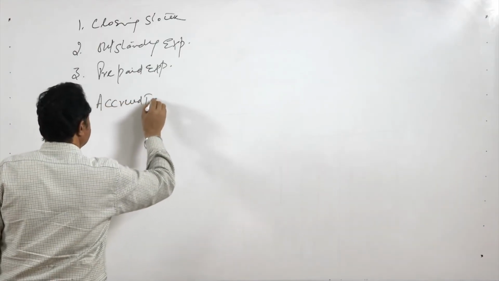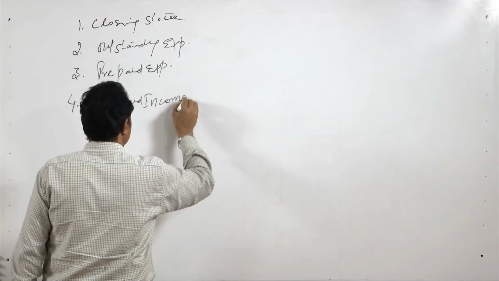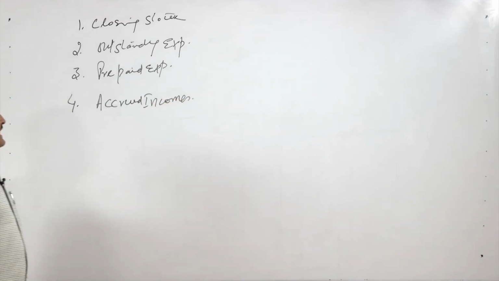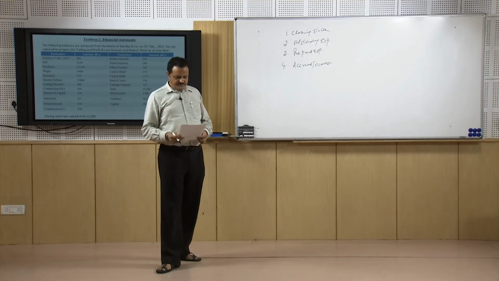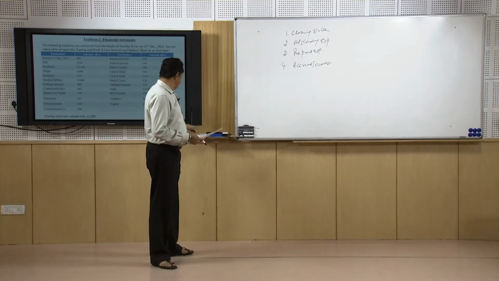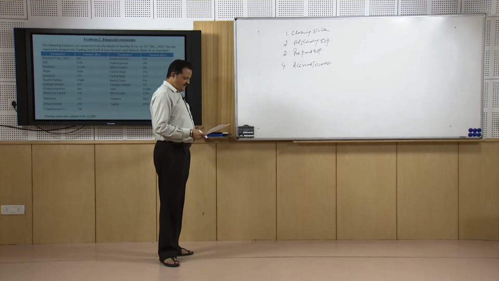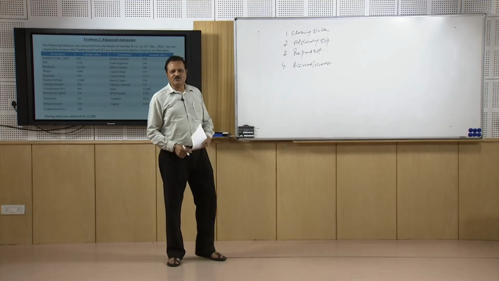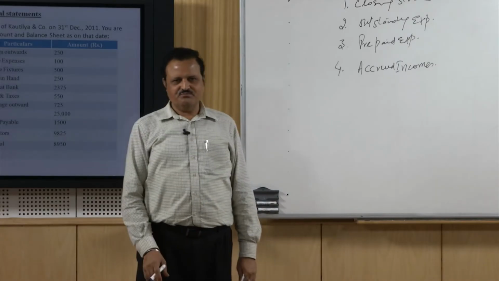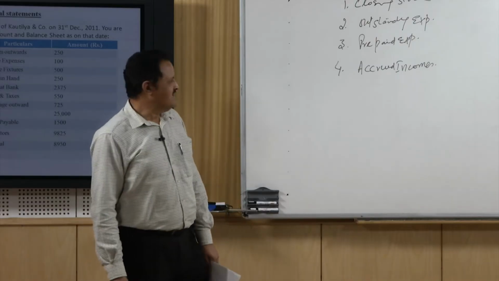Accrued incomes are the incomes which have become due to be received by the firm but have not been received.